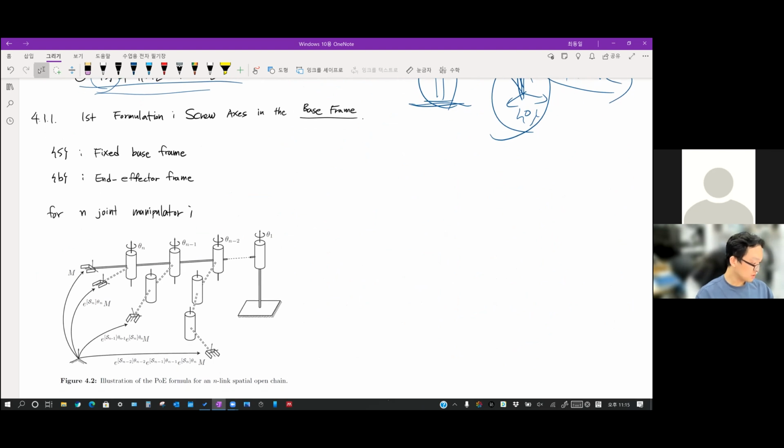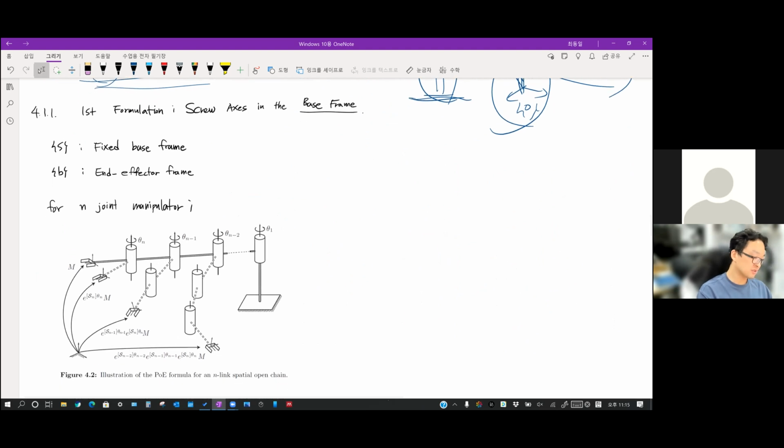So let's think about it in more detail. Before, we learned about an example having T04. Let's generalize this POE concept with an N joint manipulator.